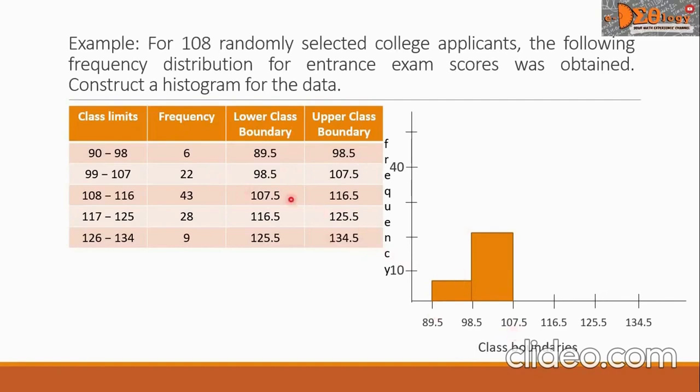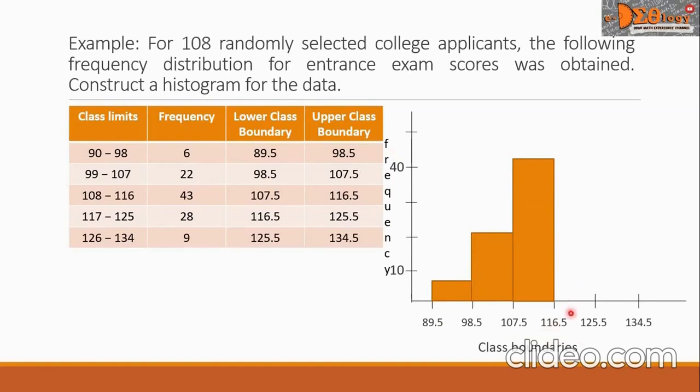The third class interval has class boundaries from 107.5 to 116.5. And the rectangle for this class is given here with a height of 43 in the frequency. For the fourth class interval, we have class boundaries from 116.5 to 125.5.